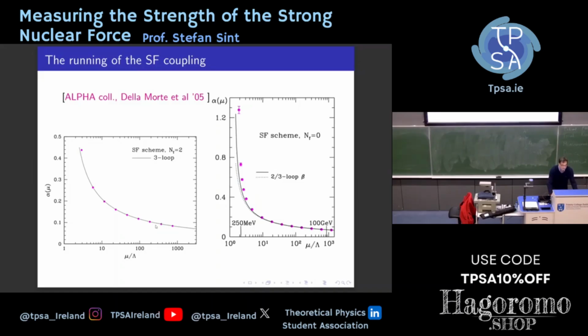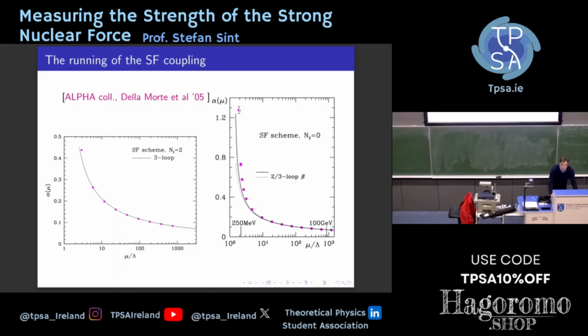Each of these points are separated by a factor 2, and the line is basically integrating backwards using the perturbative beta function. And you see at the lowest energy scales, you start significantly deviating from the perturbative beta function, which is only supposed to be very good at high energies.